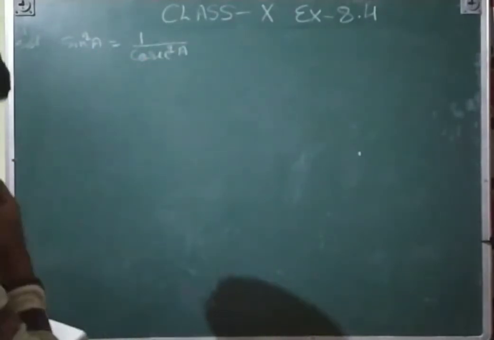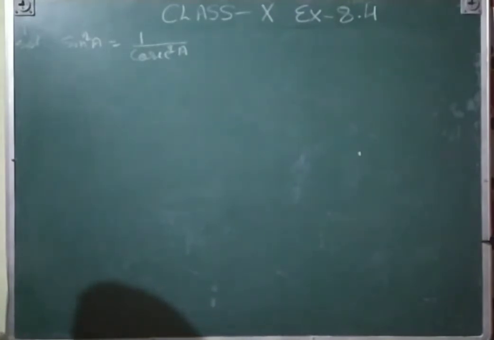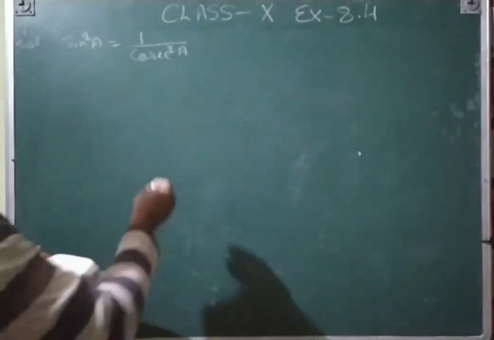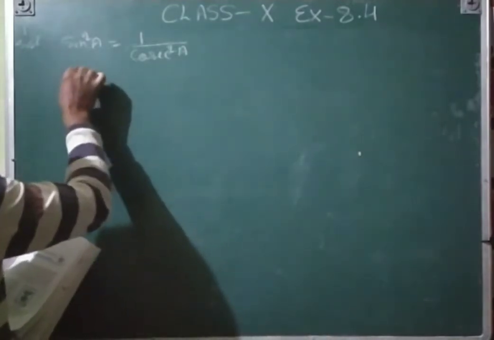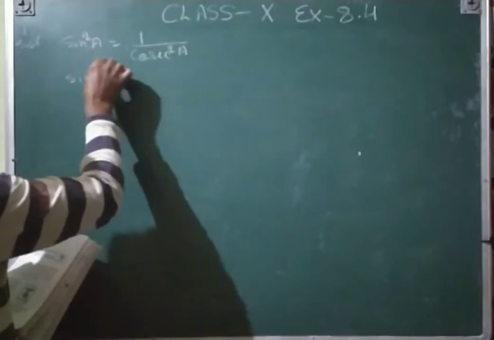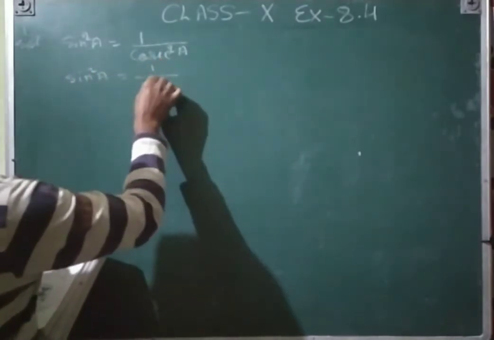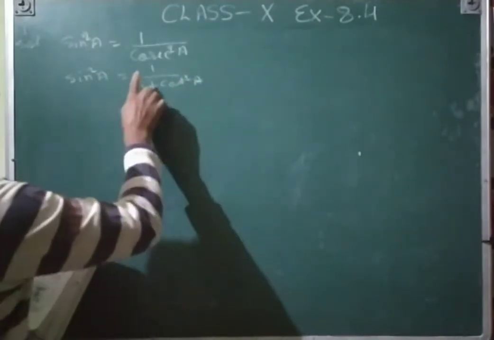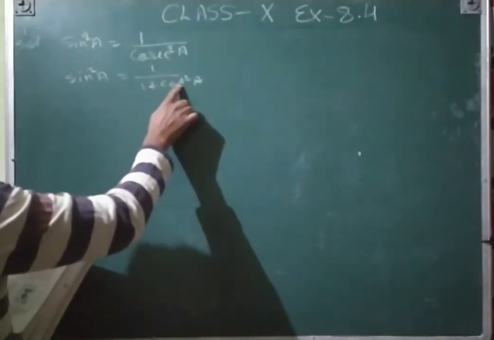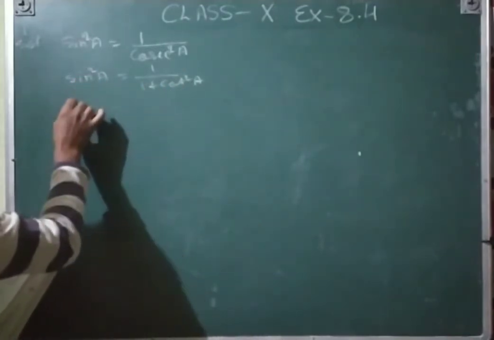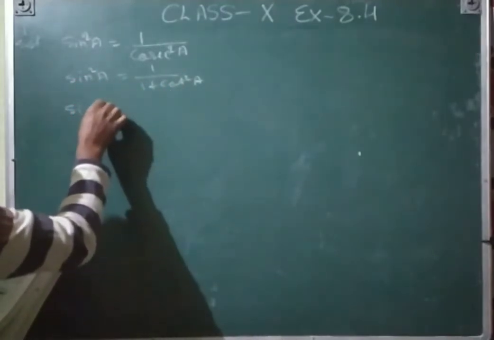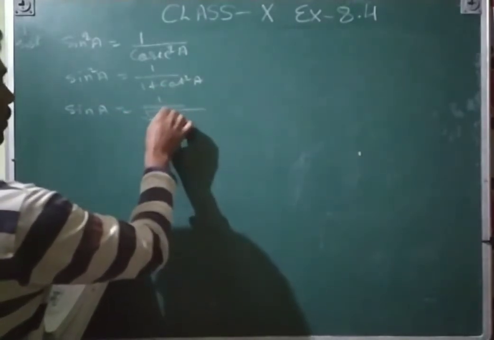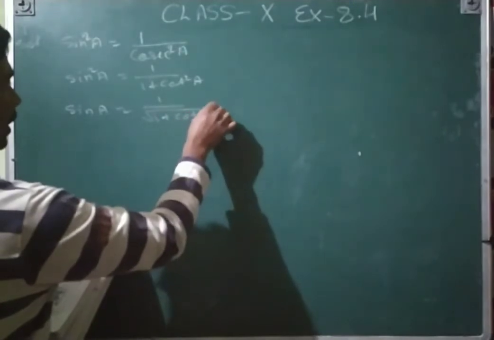And cosec square A, we know very well, is equal to 1 plus cot square A. So sin square A is equal to 1 upon 1 plus cot square A. Now you can see we have converted sin into cot A, but here is a square, so we will remove this square. Sin A is equal to 1 upon under root 1 plus cot square A.